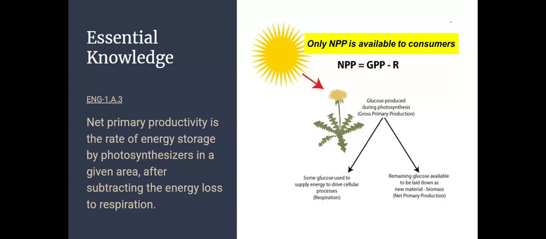Net primary productivity is simply adding up all the photosynthesis that's occurring and the organic molecules that are being made, but then subtracting cellular respiration. So, as we know, living organisms all undergo cellular respiration, and that is true of all producers.